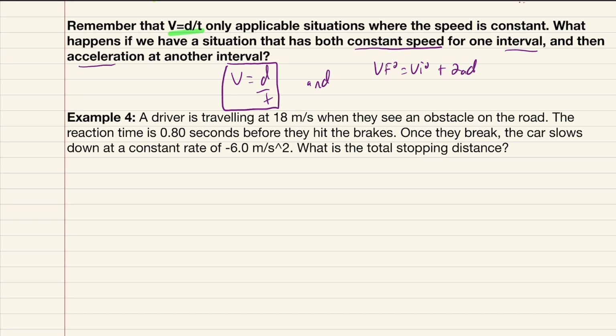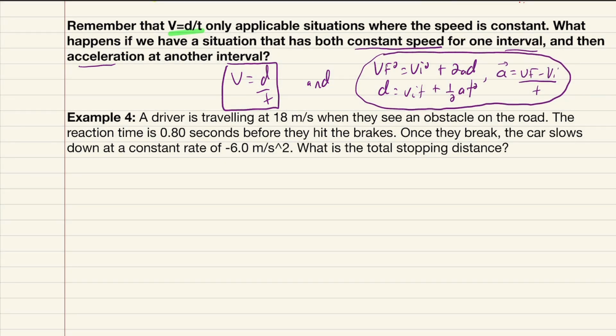What do we do then? Well, in this case, we're going to combine or treat a problem like this in two parts. The first part, wherever the constant speed is, we're going to use this formula, and then we're going to combine it with this formula over here.